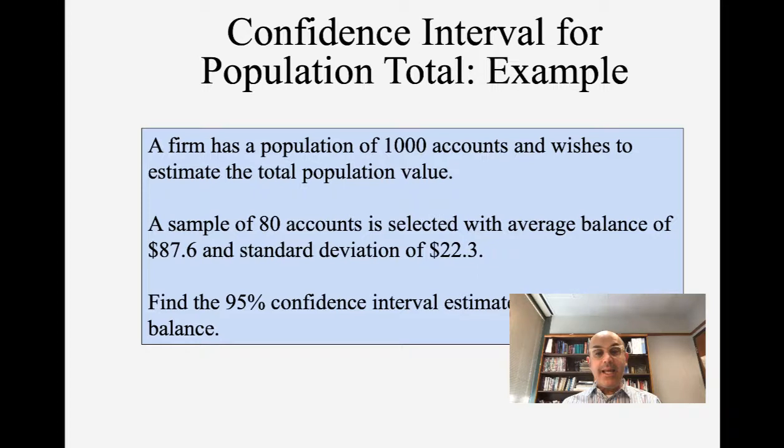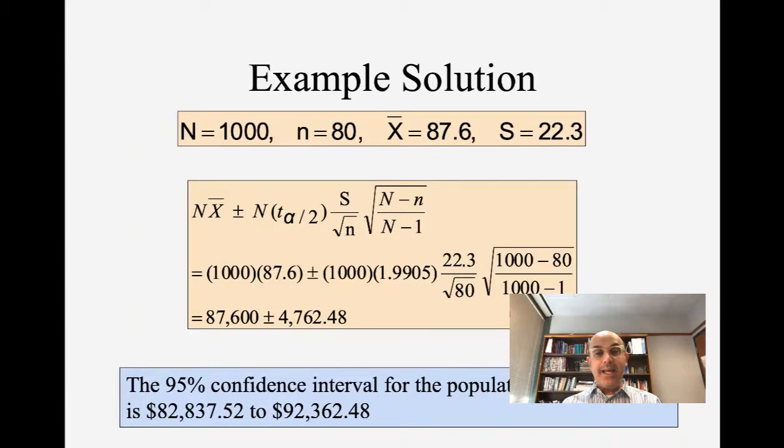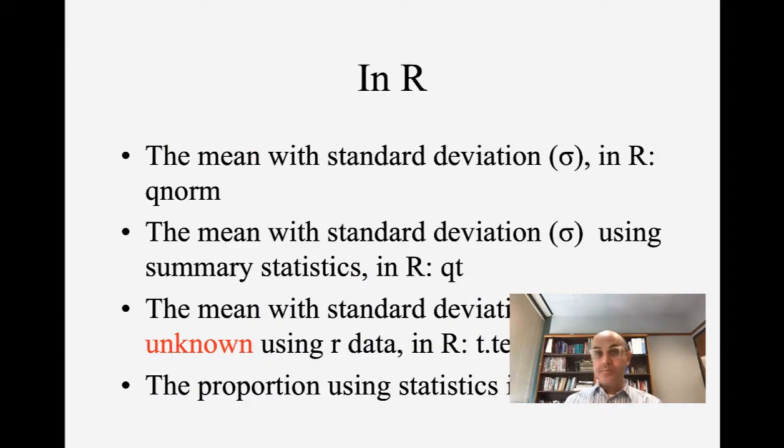Find the 95% confidence interval of the total balance. This is the procedure that I take in order to verify if I am on the right track, and it is between 82 and 92.